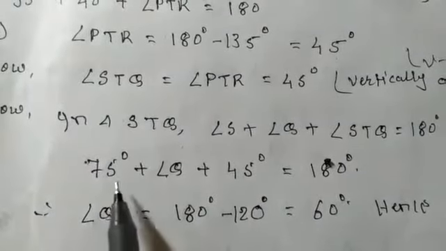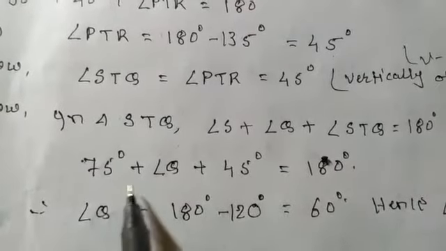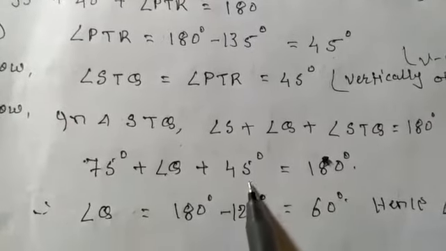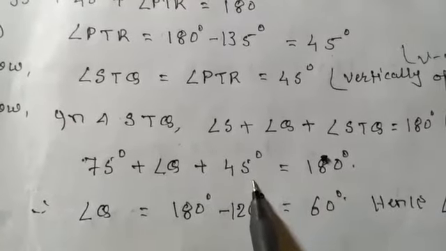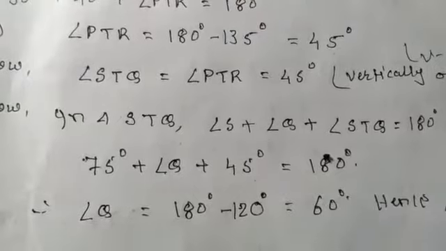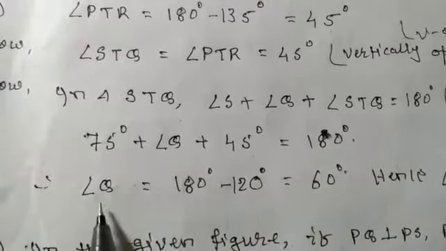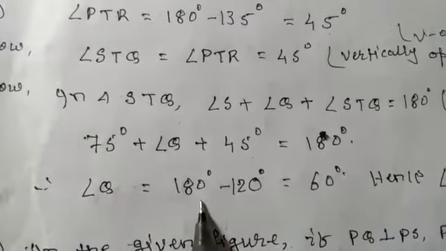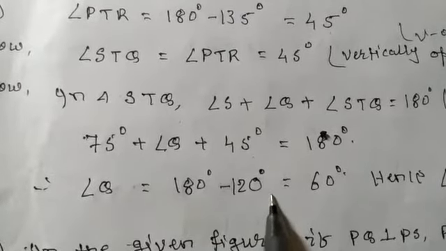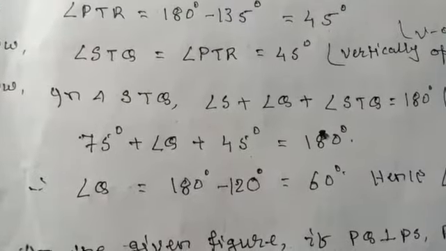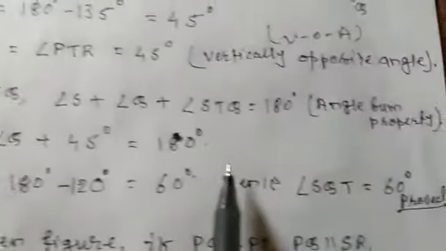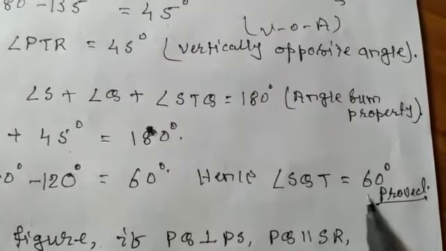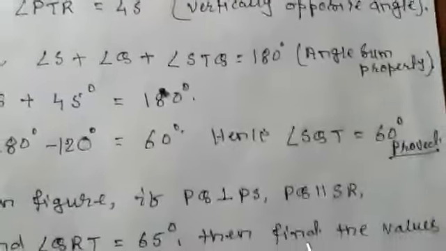We have S as 75 degrees, plus angle Q which is not known, plus angle STQ which is 45 degrees, equal to 180 degrees. So further on solving, angle Q equals 180 degrees minus 120 degrees, that is equal to 60 degrees, and hence we got the solution that angle SQT is 60 degrees.